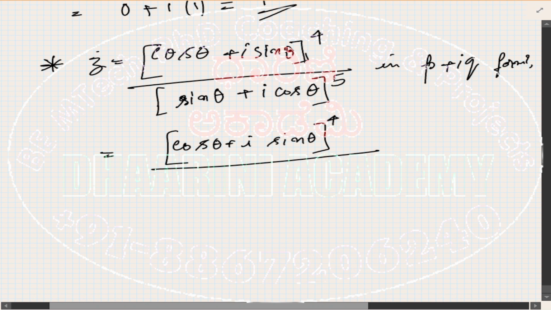Sin theta plus I cos theta to the power n can be written as I to the power n times cos theta minus I sin theta to the power n.